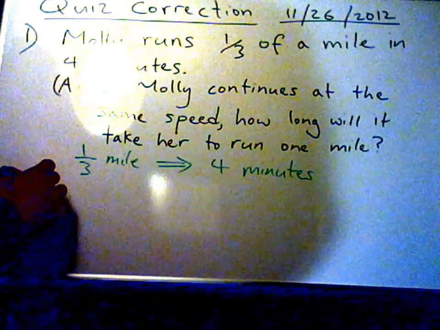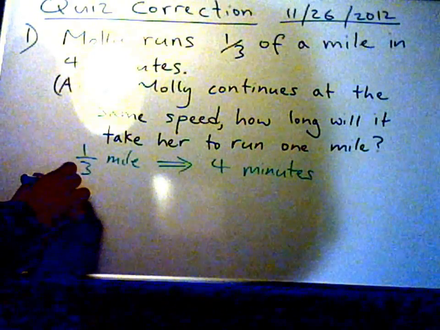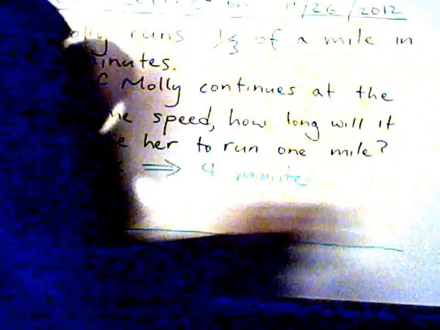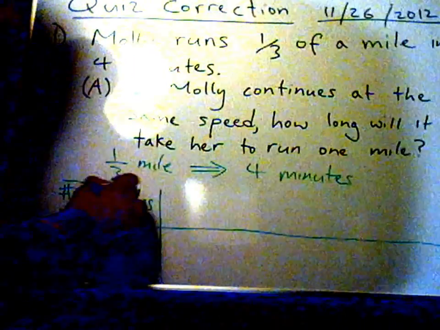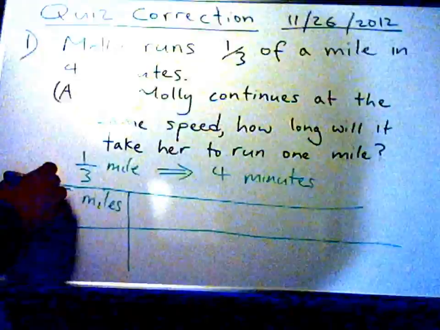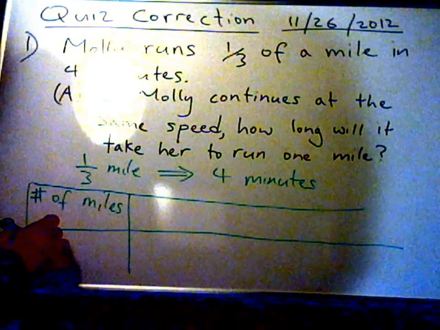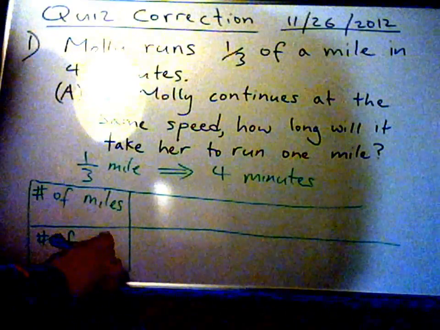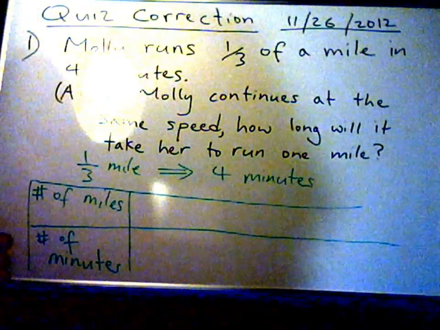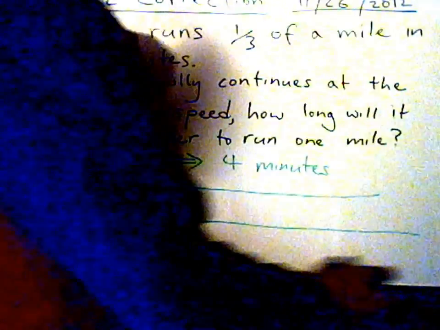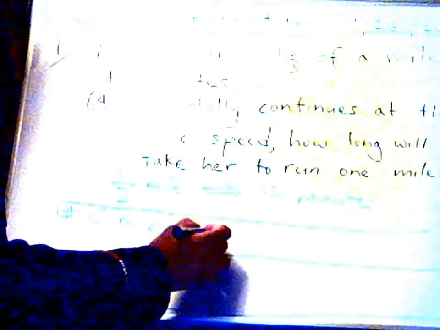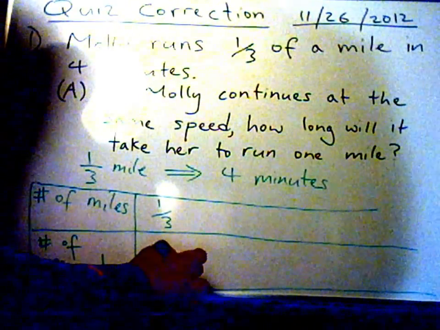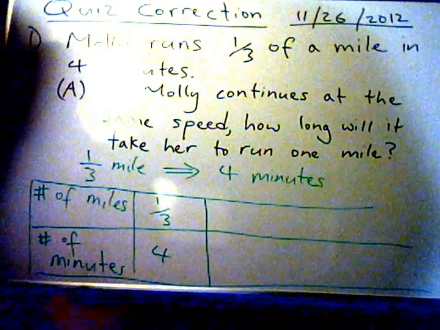So here we have number of miles and we have number of minutes. For the number of miles, we're given that for 1/3 of a mile it took her 4 minutes, and we're assuming a constant rate here.